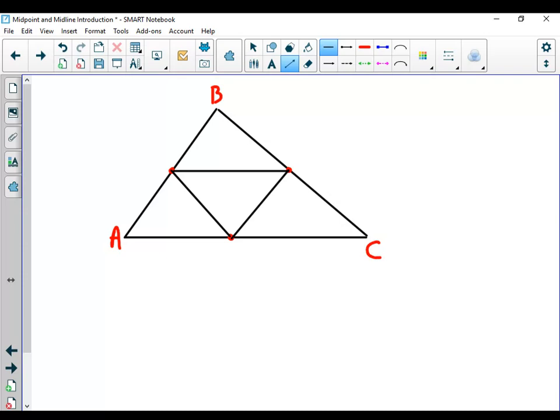All right, once you've connected all those, I want you to cut out the triangles, okay? So you're going to end up with 4 triangles there.